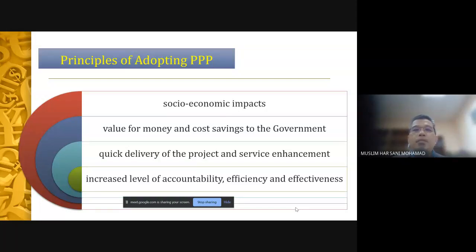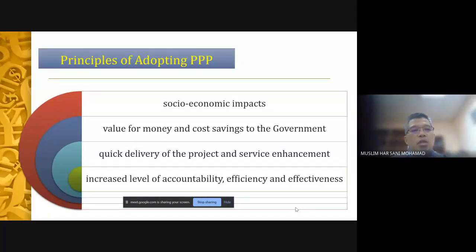Then of course they can bring in value for money. Quick delivery of the project and service enhancement, because basically the services are provided by the private sector. In terms of scope, running the facilities is undertaken by the private sector, and at the same time, in the same building, government provides the public services. I think a good example will be the hospitals in Malaysia.